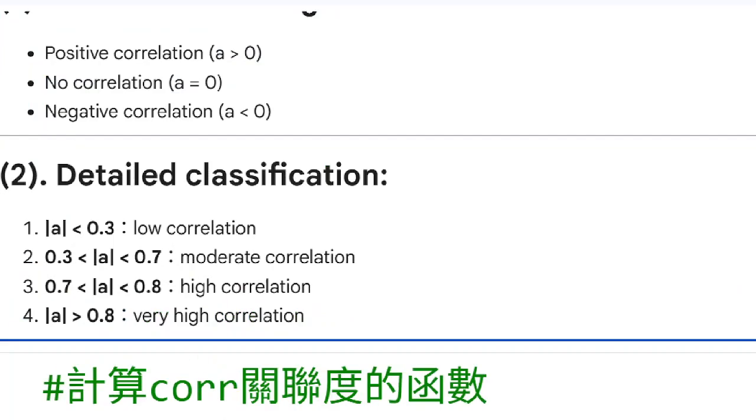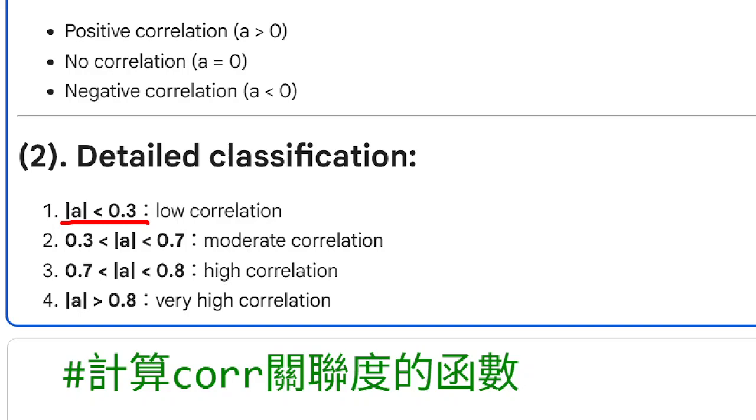For values less than 0.3, that is low correlation. For values between 0.3 and 0.7, that is moderate correlation. For values between 0.7 and 0.8, that is high correlation.